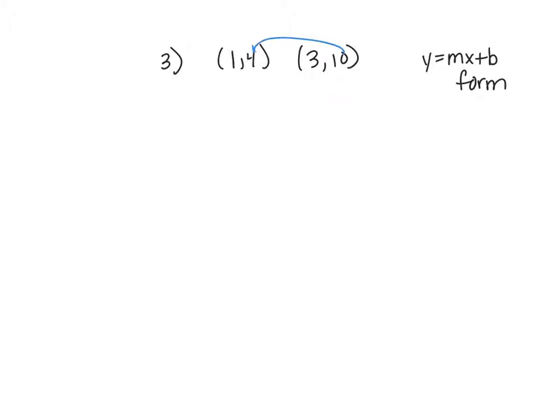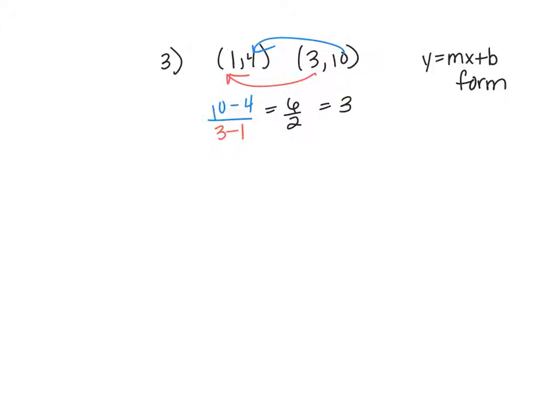So I want to look at number 3 again because there is another way to do this just using y equals mx plus b form, which is slope-intercept form. So we already know from the last slide that our slope was equal to 10 minus 4 over 3 minus 1, which gave us 6 over 2.